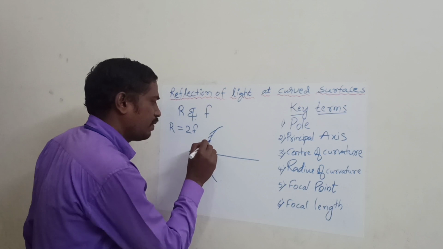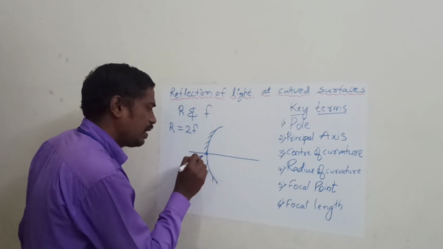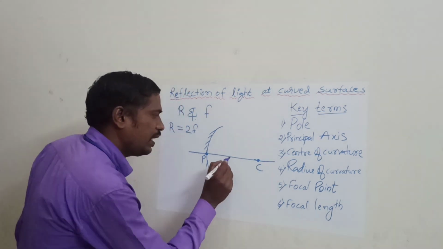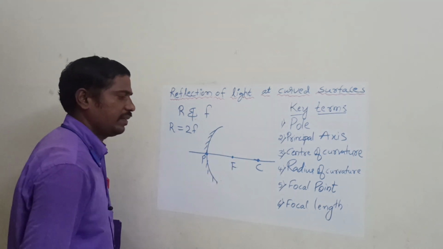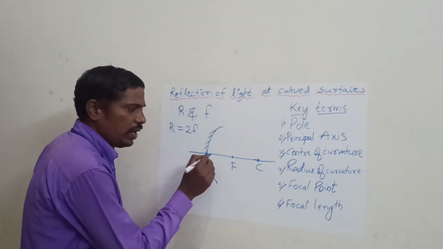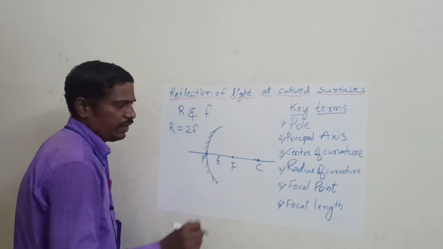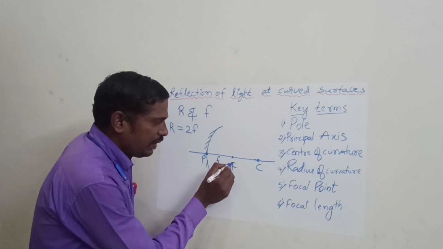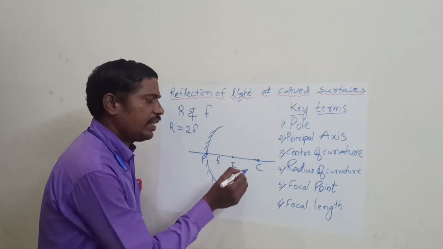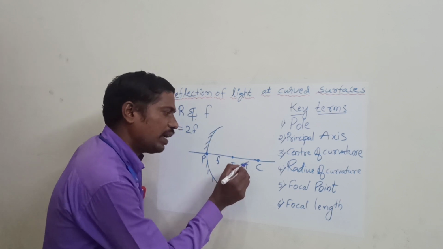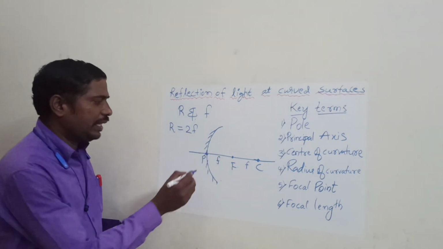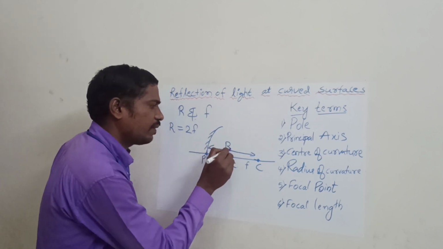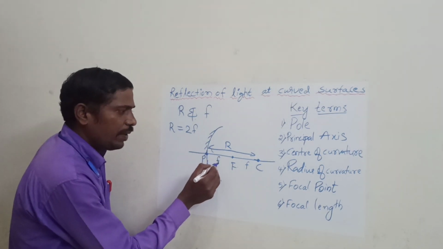See here, this is the pole, this is the center of curvature, and this is the focal point. The distance between the pole and focal point is called small f, that is focal length. The distance between the focal point and center of curvature is also equal to focal length. So this total length is equal to capital R, that is radius of curvature. So R equal to f plus f.